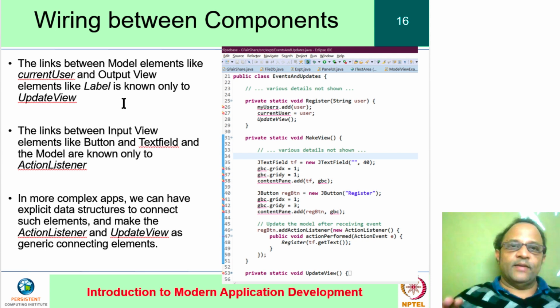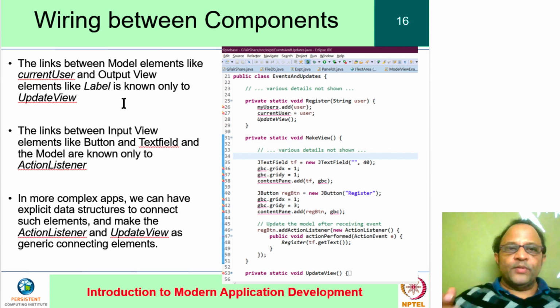Nowhere else in the application is there knowledge of exactly which part of the view is connected with which part of the model. The output portions of the view are known only to update view, whereas the input portions of the view are known to the action listener.